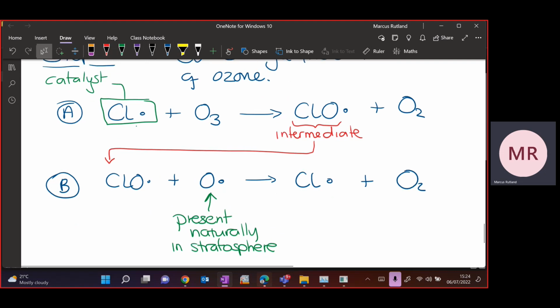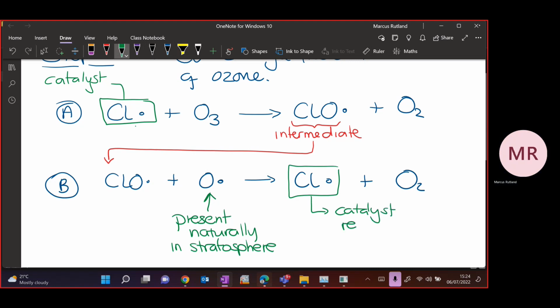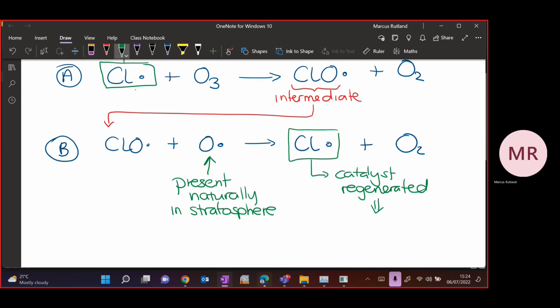But catalysts don't get used up. So in the first step, it is used up, but here it is again. So the catalyst is regenerated. And so it can repeat A and B over and over.